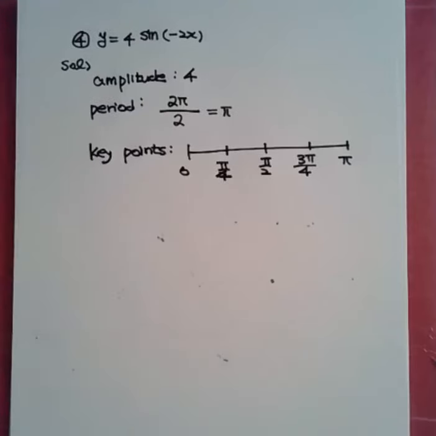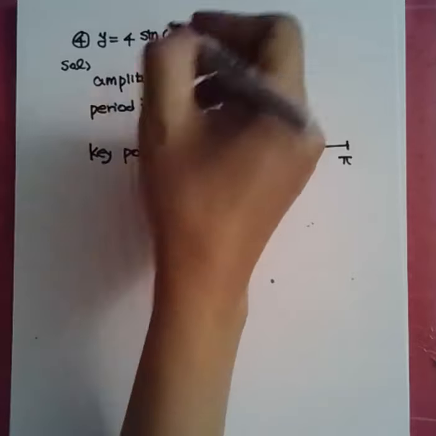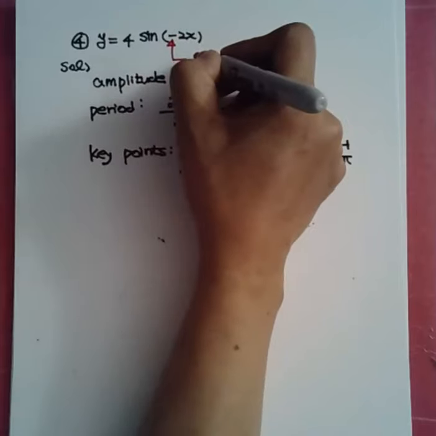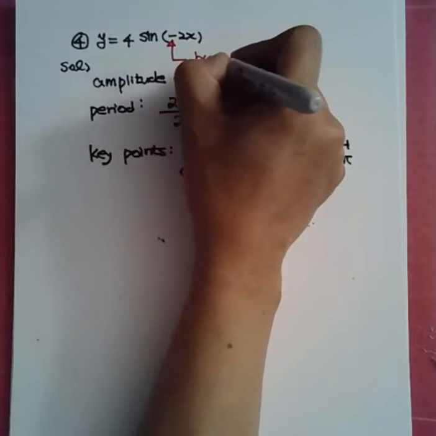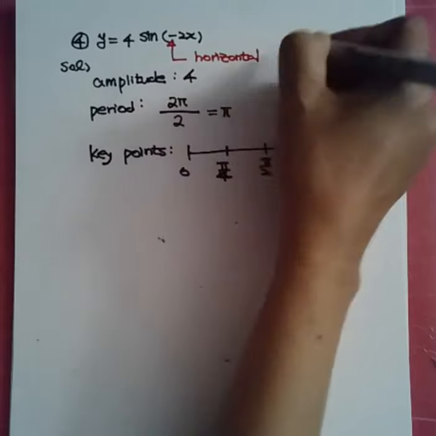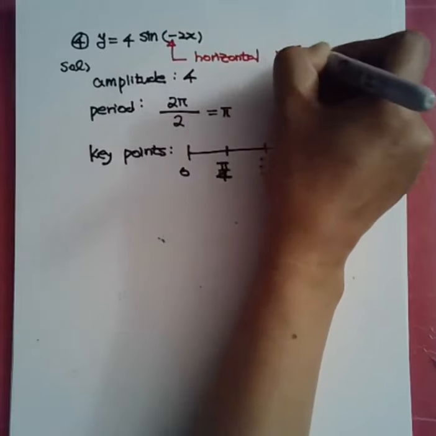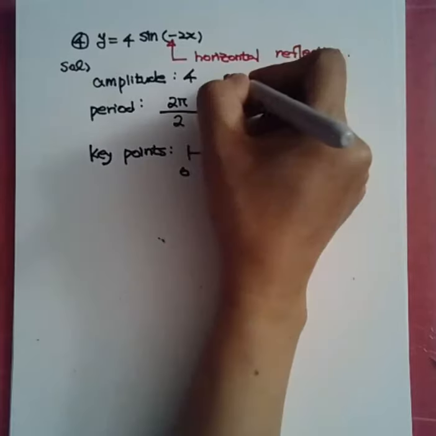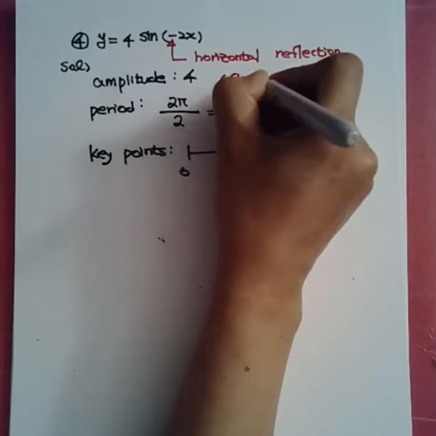This time there is a minus in front of 2. The meaning of that is there is a horizontal reflection, meaning the flip along the y-axis.